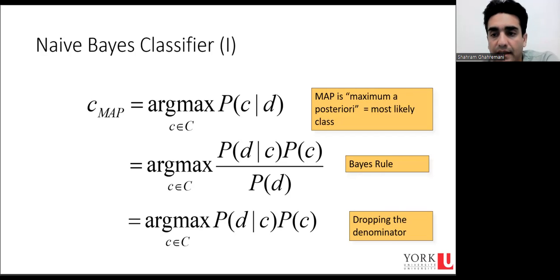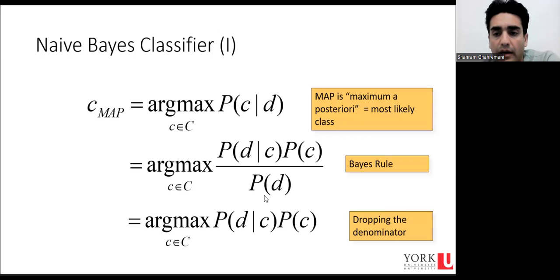And as is traditional in Bayesian classification, whichever class maximizes this equation also maximizes this equation and this equation. And what we have done here is dropping the denominator, crossing out the denominator.